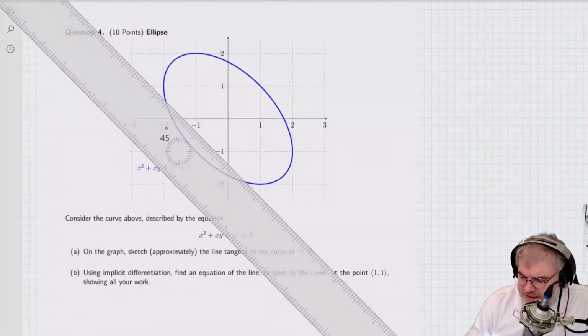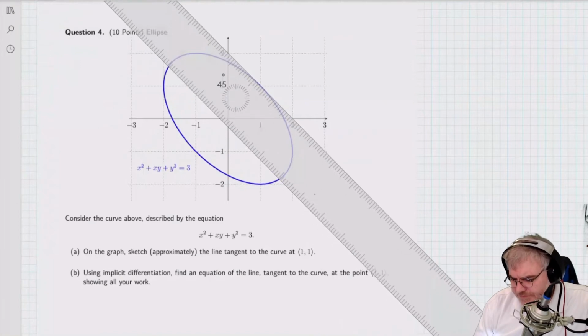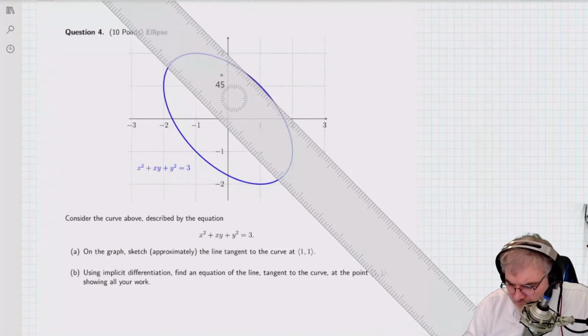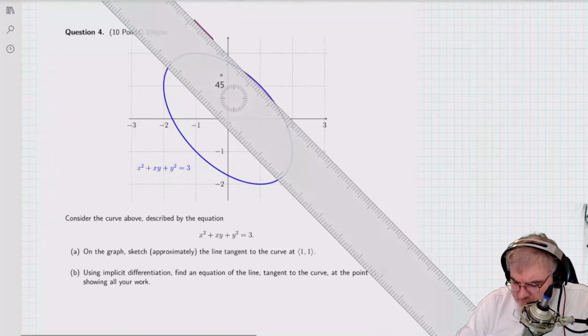All right, this last one, the ellipse. Here's the idea. So I'm going to draw my line tangent to the curve. That's this.